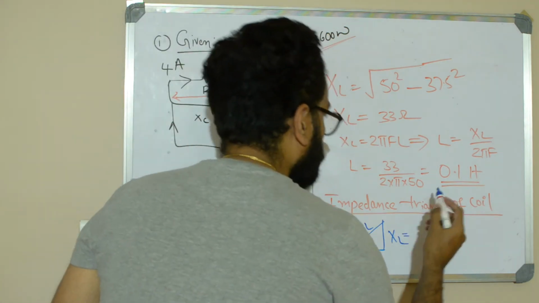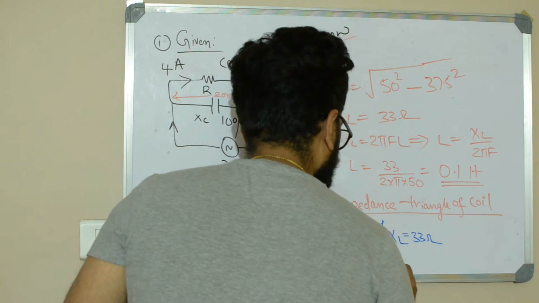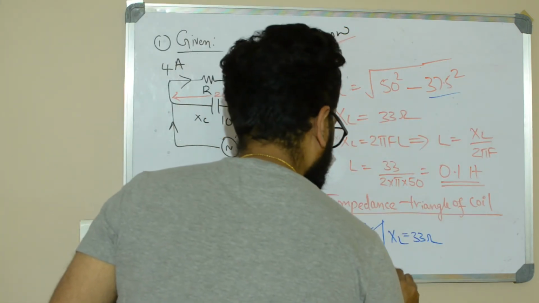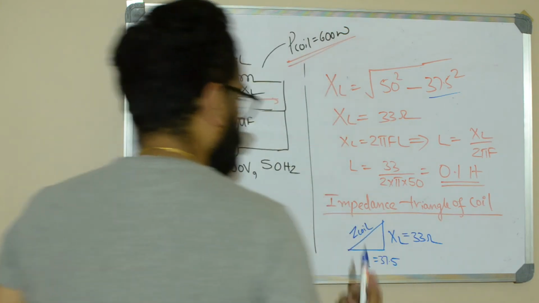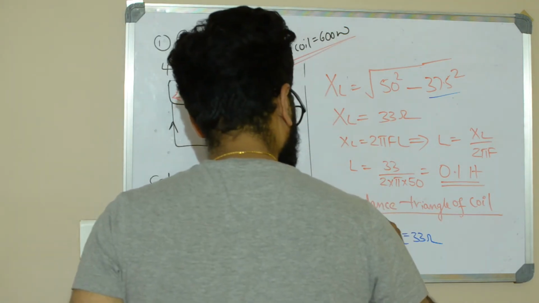The XL value we have already calculated, 33 ohms, and the R value was 37.5, and the Z value we found as 50 ohms.